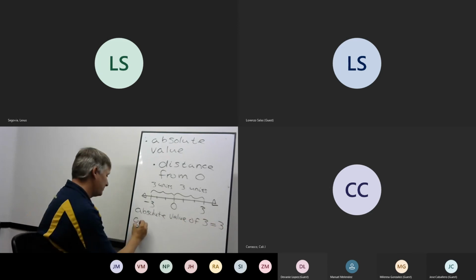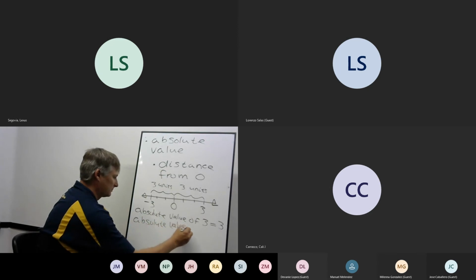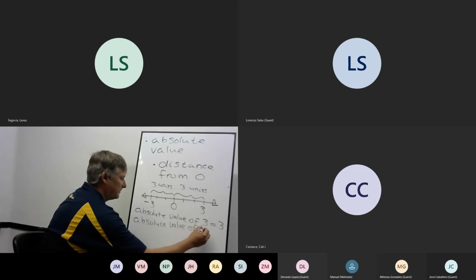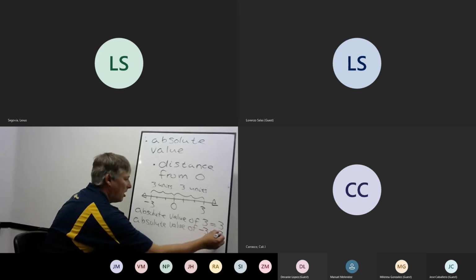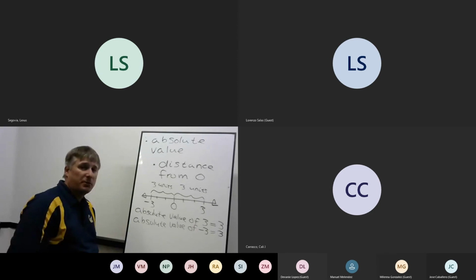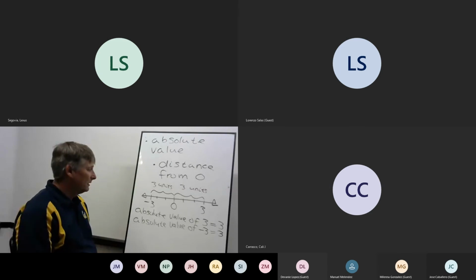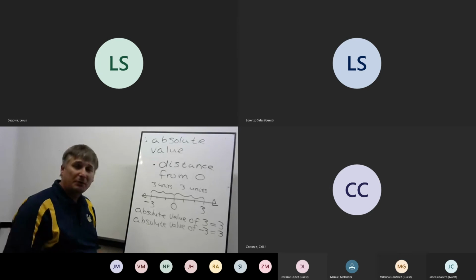And then the absolute value of -3 also equals 3. So the absolute value of 3 is 3. The absolute value of -3 is also 3. Now, questions about that?